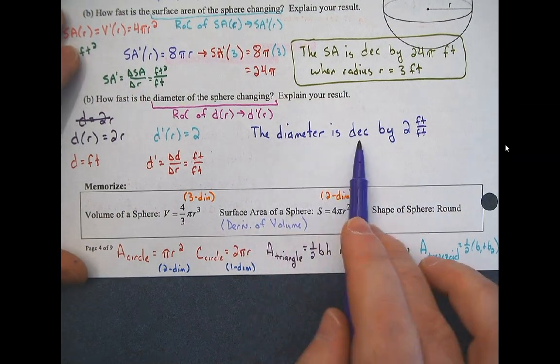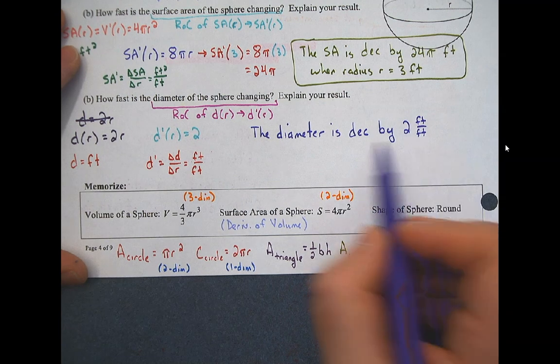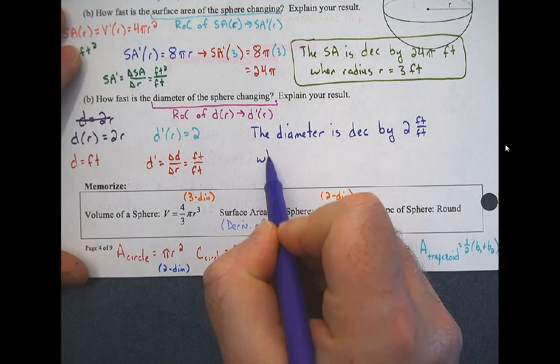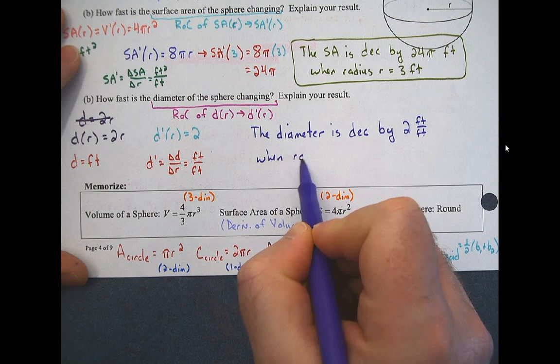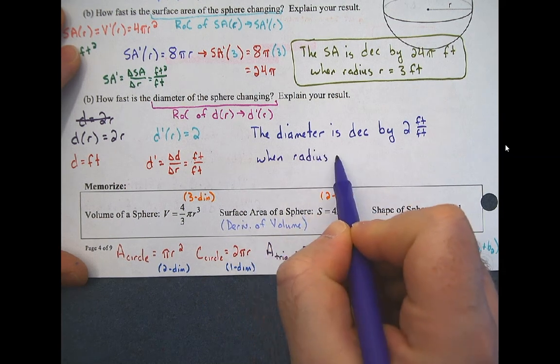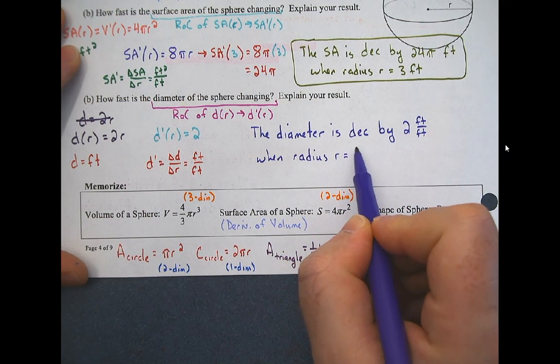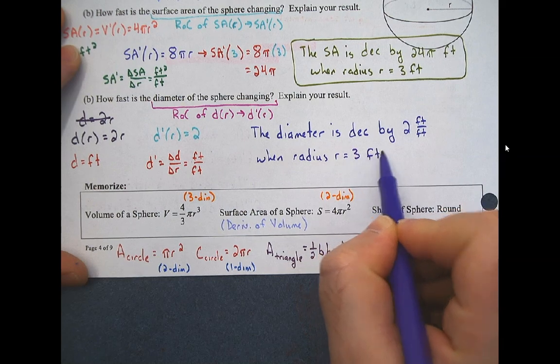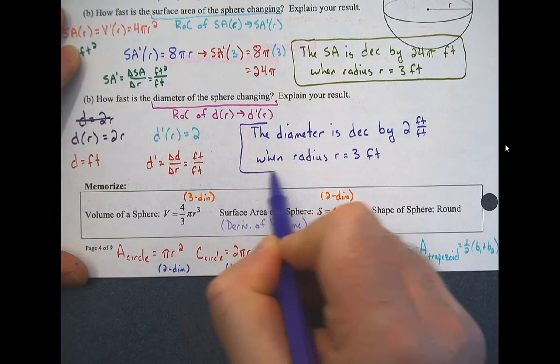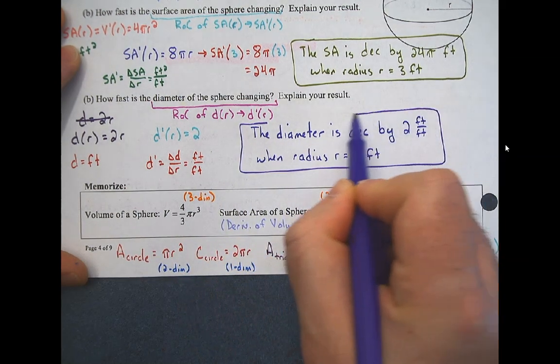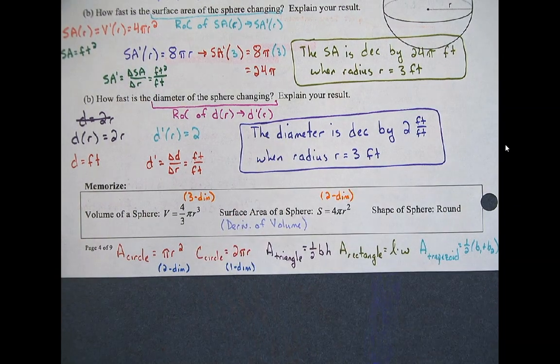The diameter is decreasing by 2 feet per feet when, again, you got to say when this moment is happening, when radius r is equal to 3 feet. Even though in this scenario, I don't think that the diameter will always be changing by that, no matter what moment in time you look at.